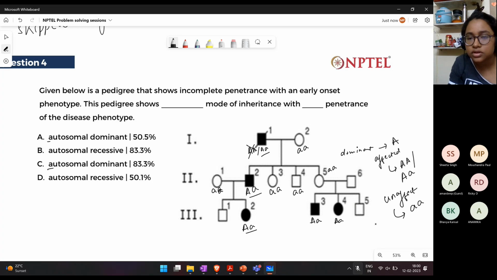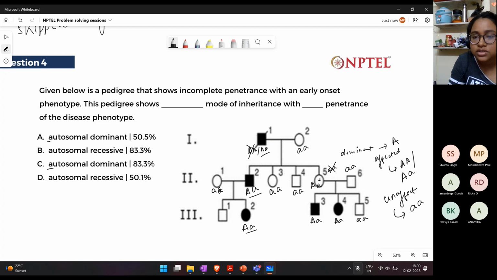Till now, we saw in two families, small a, small a, correct? So the unaffected individual is small a, small a, right? She has married into the family. So the assumption that individual 5 will be small a, small a might be wrong. This individual 5 must have the dominant affected allele, but it is not showing the phenotype.